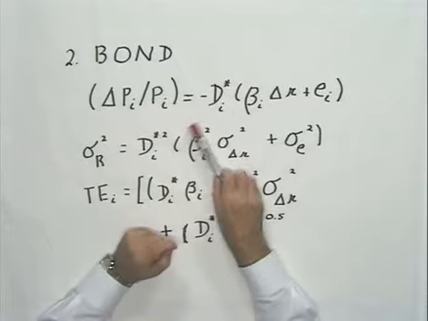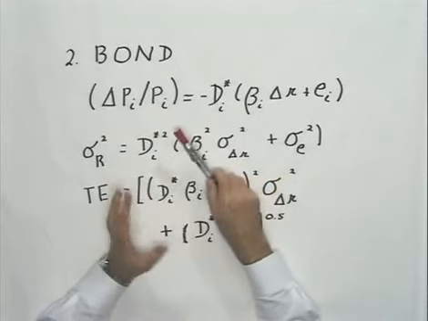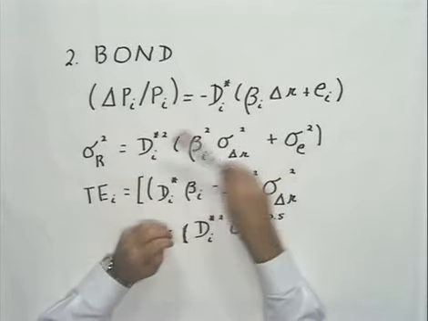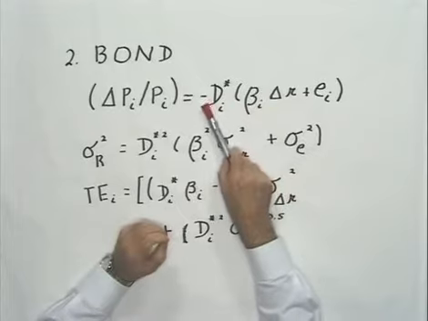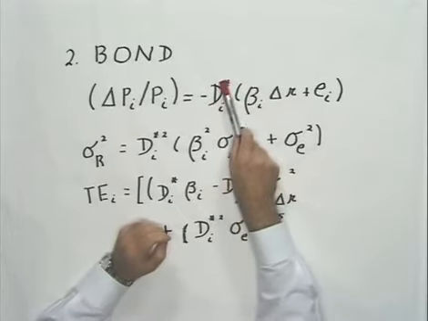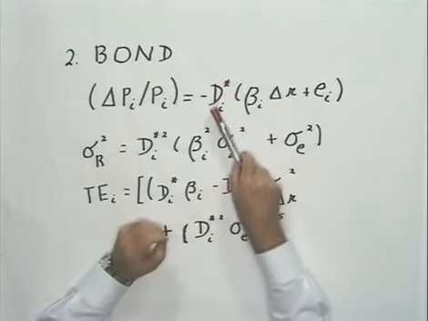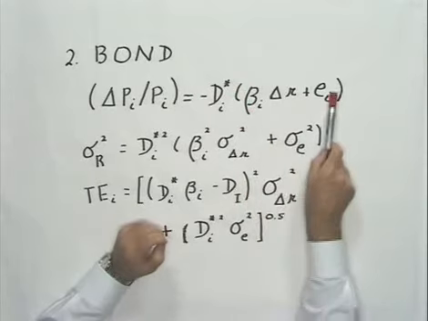That's going to be equal to, remember, returns and changes in rates move in opposite directions, so that's why we have minus the modified duration times this part here.